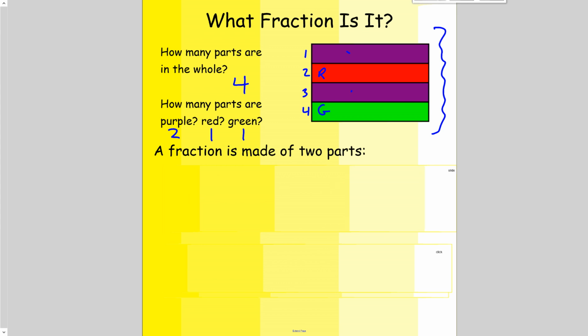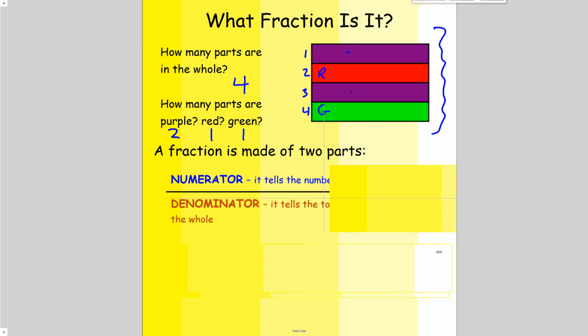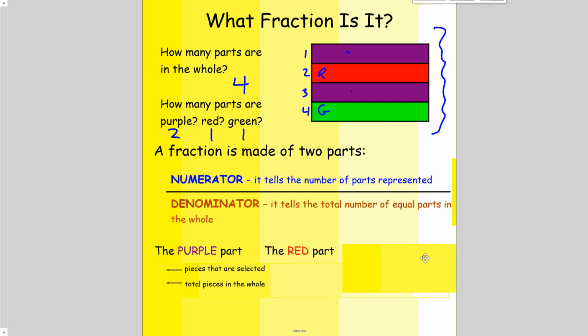So the fraction is made up of 2 parts. The numerator, which tells the number of parts represented, and the denominator, which tells the total number of equal parts in the whole. So if we're looking at the purple part and we're going to write the fraction, we already know there are 2 parts that are purple, and we know that there are 4 parts in the whole.